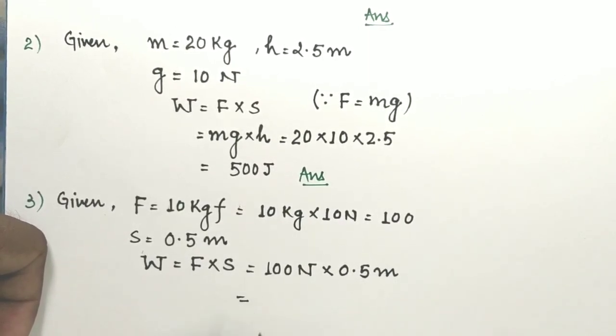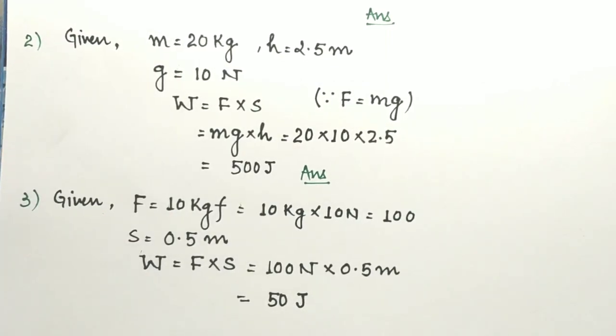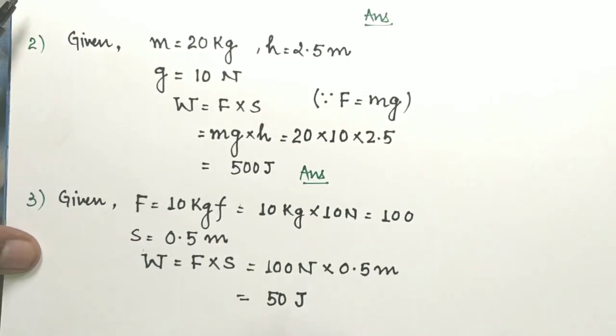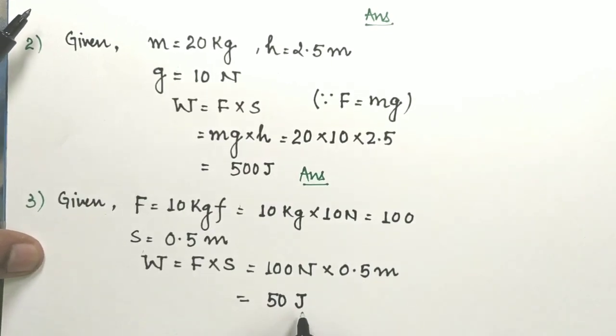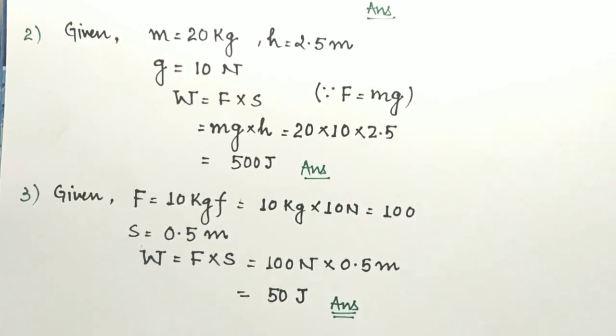So in this condition it will be 50 joule. Why are we writing joule everywhere? Because the unit of work done in the SI system is joule. So here the answer will be 50 joule, the work done in this condition. Okay, so now move towards the fourth question.